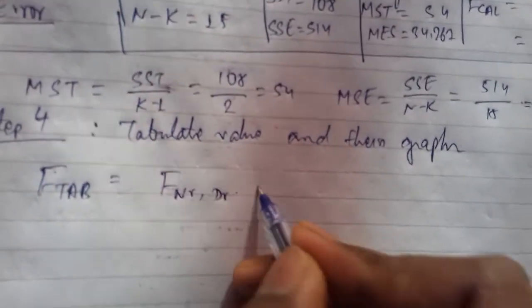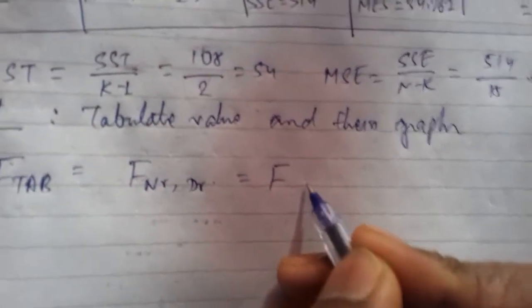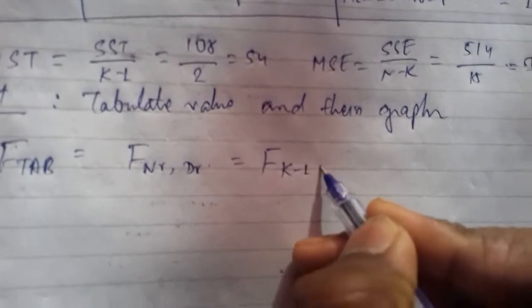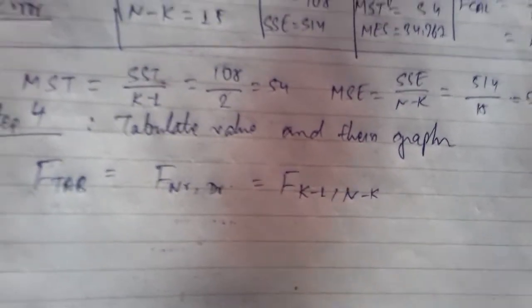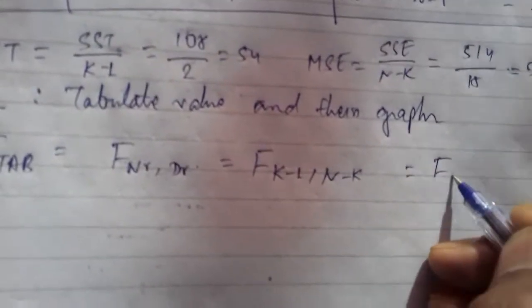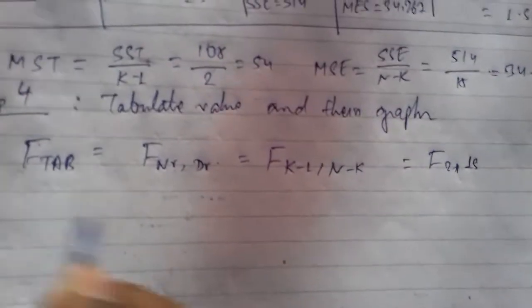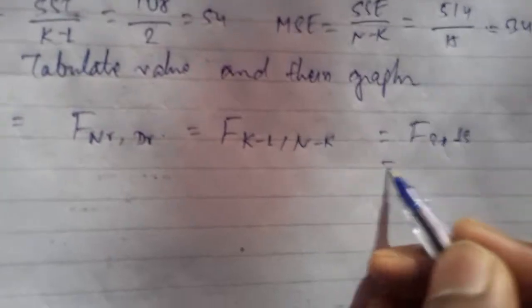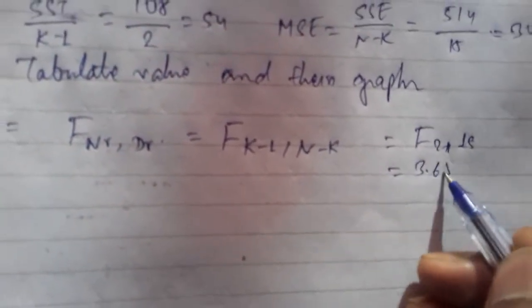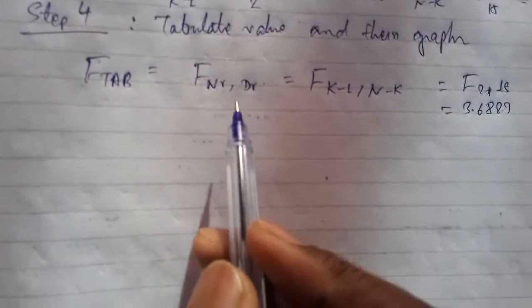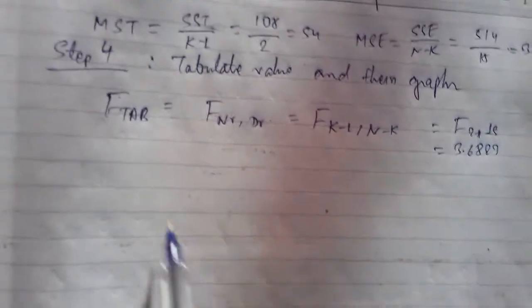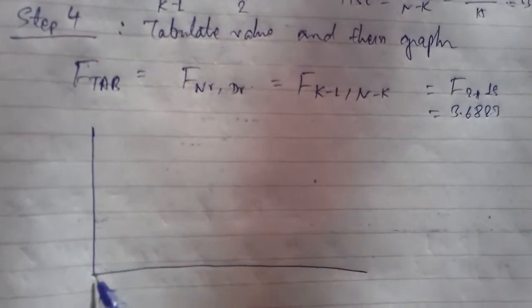So we have F with k minus 1 comma n minus k, that is F(2, 15). From the table we get the value of F(2, 15) equals 3.6823. Now we have to draw the graph of the tabulated value, asymptotically.